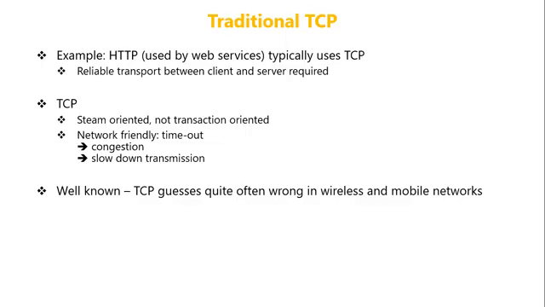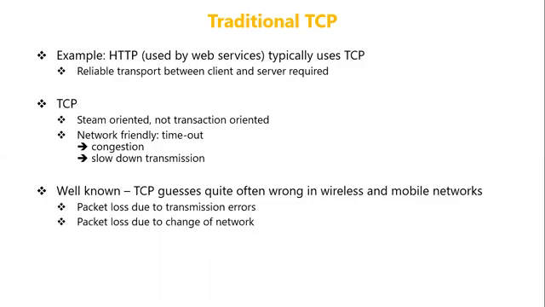So a set of solutions were proposed as improvements to the classical TCP. These solutions we will be discussing in this particular session. Okay, so this is the intro about this particular topic.